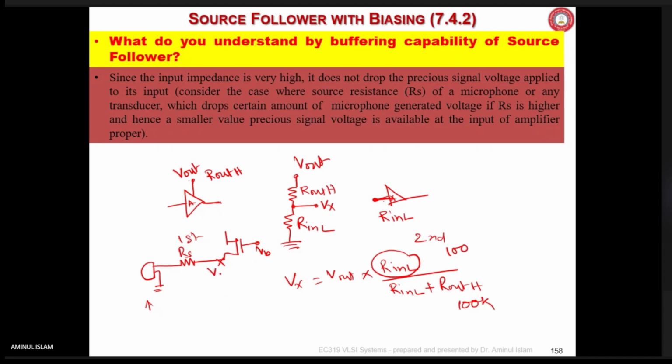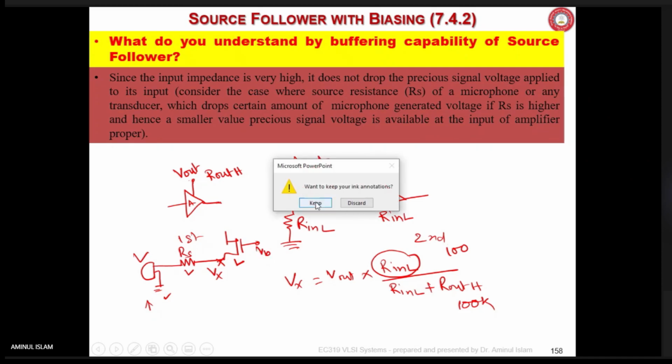So the voltage reaching this node is less, meaning this is a very precious, valuable value of voltage. It is very feeble in this case. It is not reaching here because of the input impedance of this one and because of the source resistance of this one. The same concept applies here also, between the first stage and the second stage.